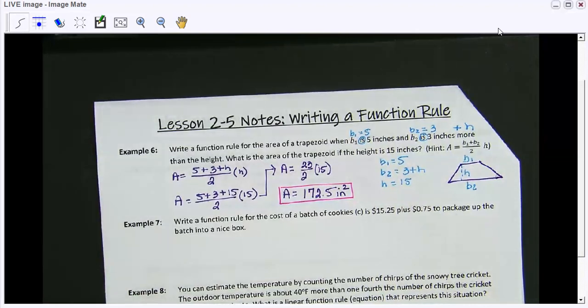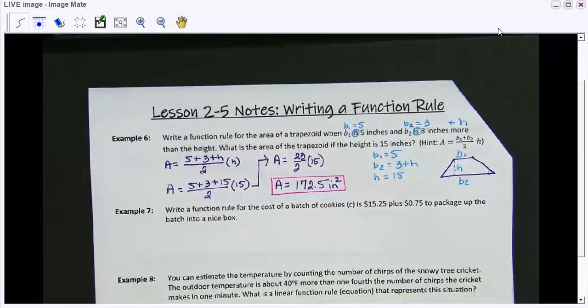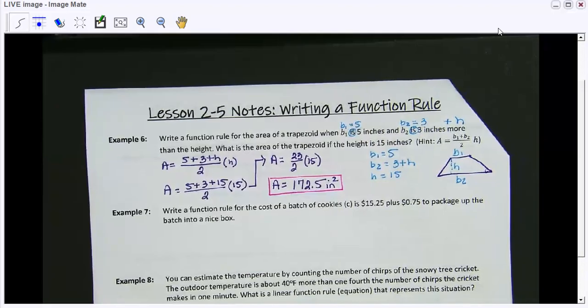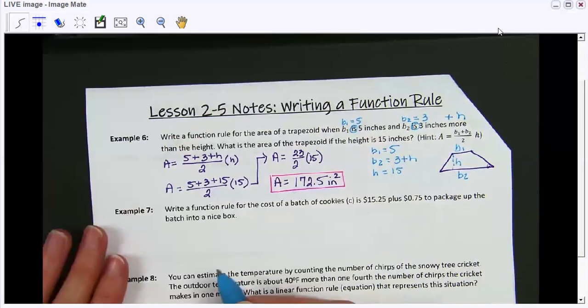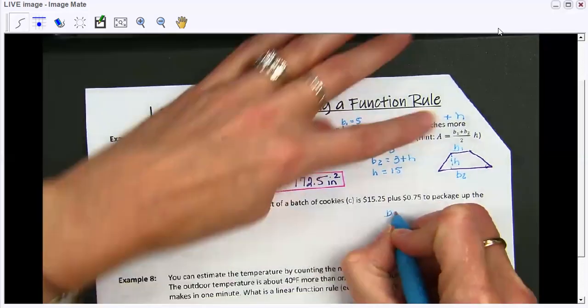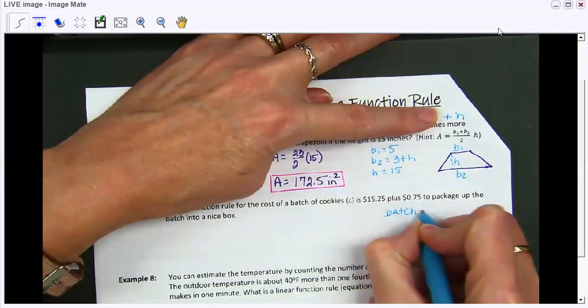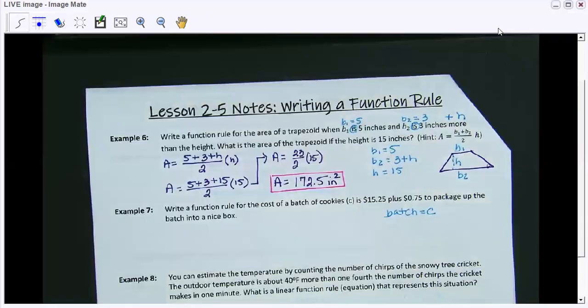Let us go ahead and go to example 7. So example 7 says to write a function rule for a batch of cookies C. So the batch here is going to be referenced by the letter C. Is $15.25 plus 75 cents to package up the batch into a nice box.